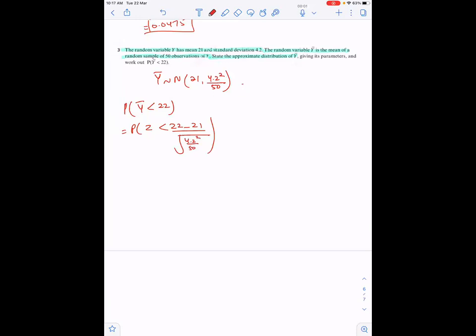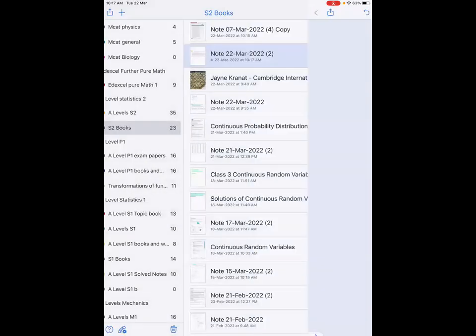This is giving me Z is less than 1.684. You want this, so you will have to find phi of 1.684. So use the table.